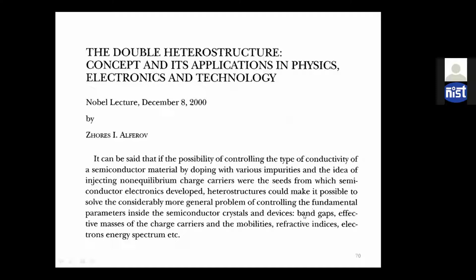That means band gaps, effective masses of the charge carriers, mobilities, refractive indices, electron energy spectrum, etc. So this shows the importance of heterostructures and how they can change the optical industry and high-speed electronics. So this is all about the Nobel Prizes they got and their statements regarding the importance of heterostructures.